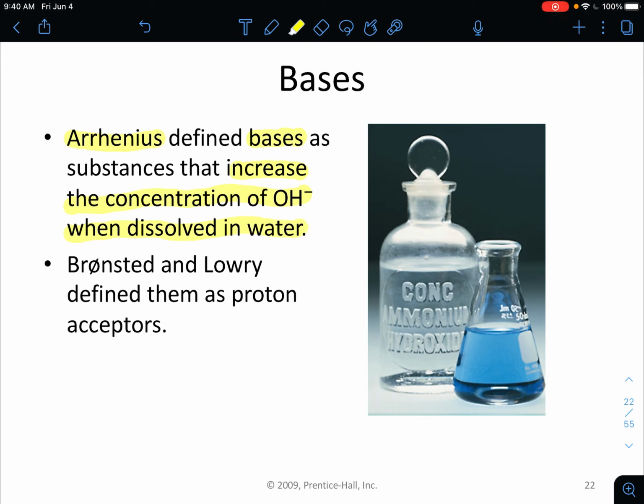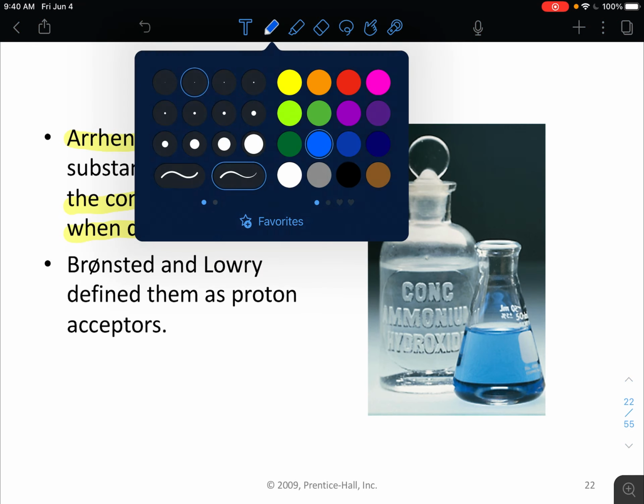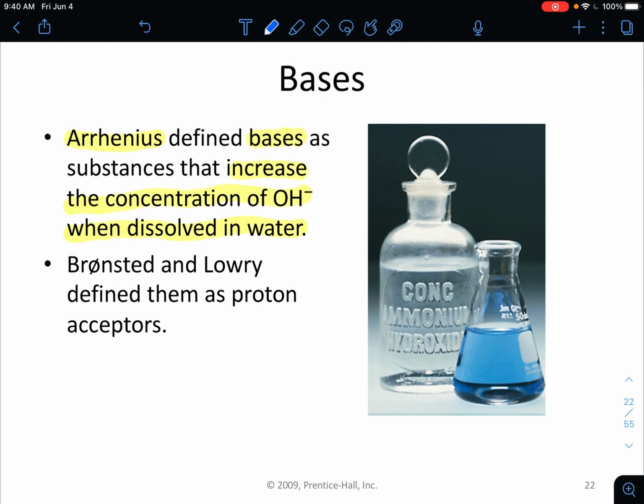So OH-, that's our hydroxide ion, right? So when we're thinking about what's going on here, acids are making H+, bases are making OH-. And if you look at that, those are kind of the components of water, right?